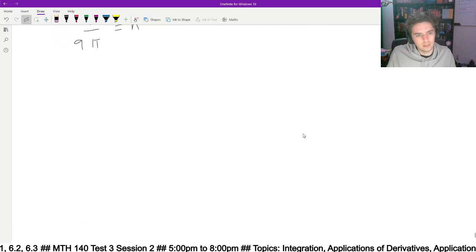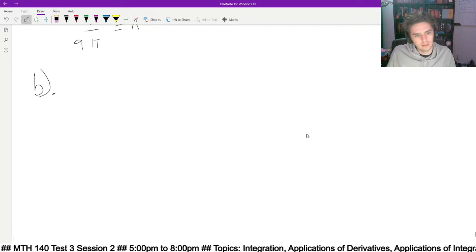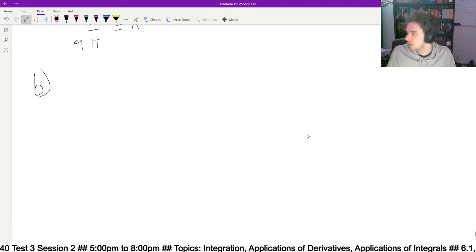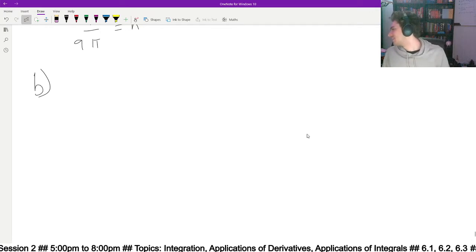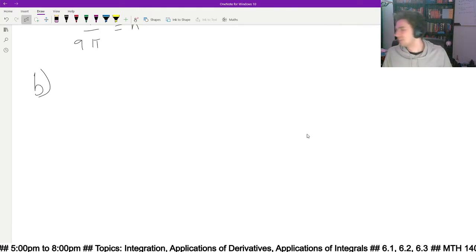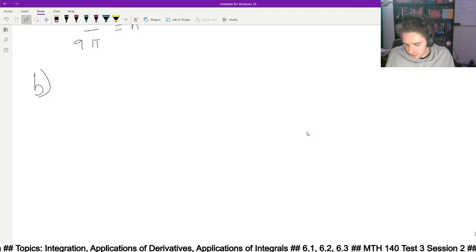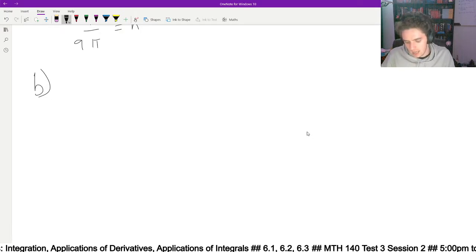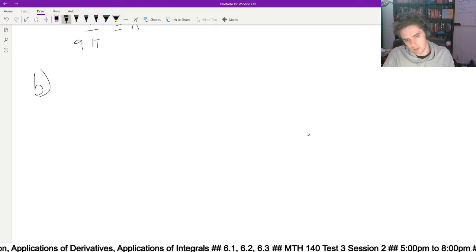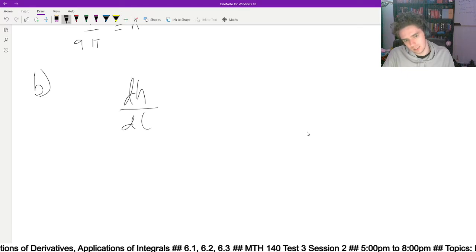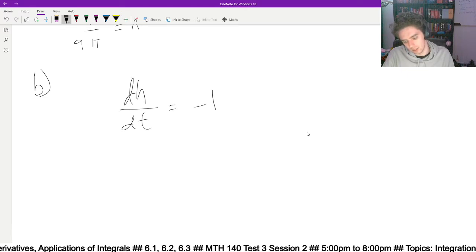So part B is going to be this. Later, when the pool is being drained, if the depth of the water is decreasing at a rate of 1 inch per minute, so dh/dt equals negative 1 inch per minute.